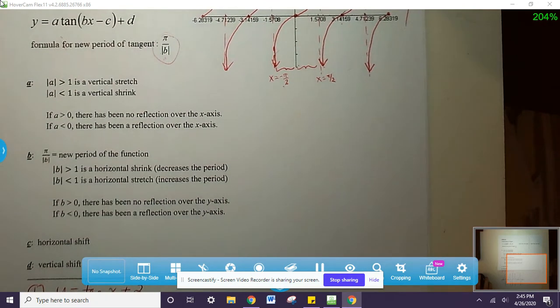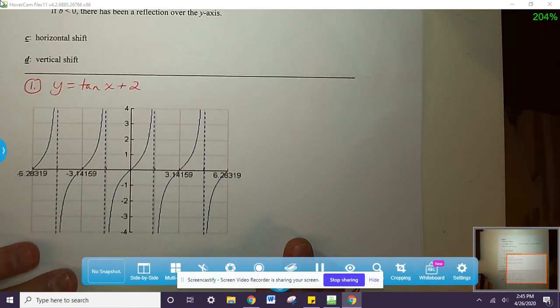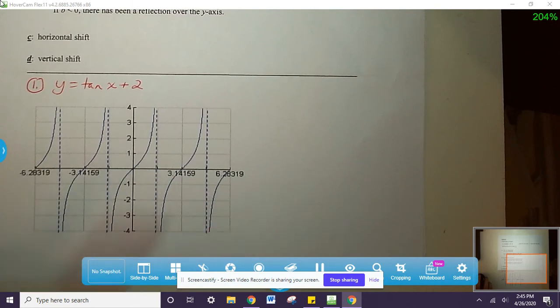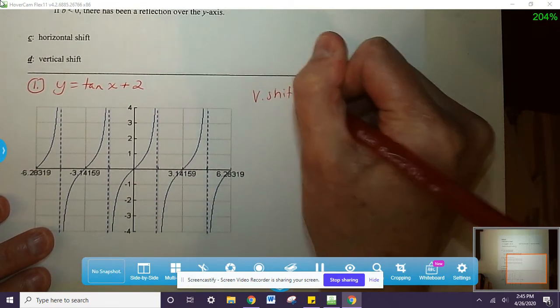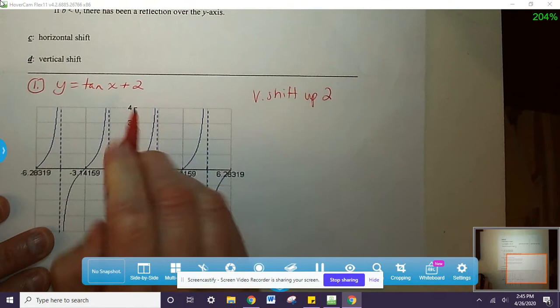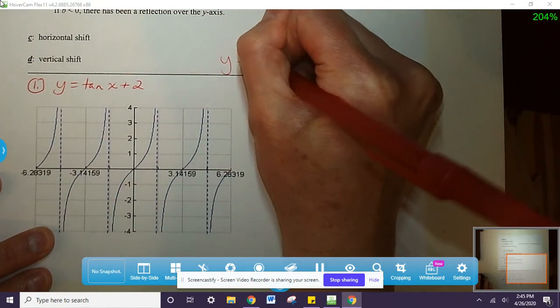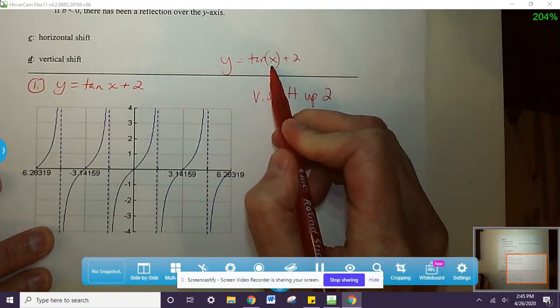So let's go ahead and get started with our transformations. Here's our first example. I gave you a basic tangent graph underneath that we can maneuver and shift around, because this is going to be a vertical shift up 2. I know it's a vertical shift and not a horizontal shift because when you have y equals tan x plus 2, that's the same thing as saying the x is in parentheses.